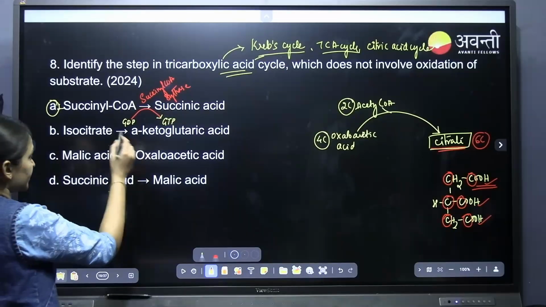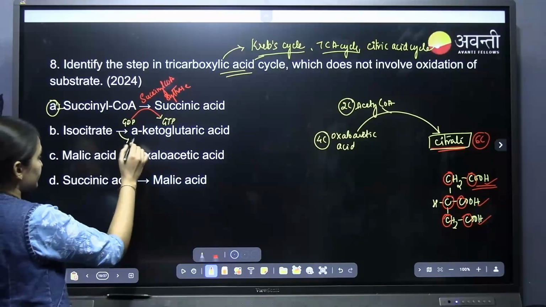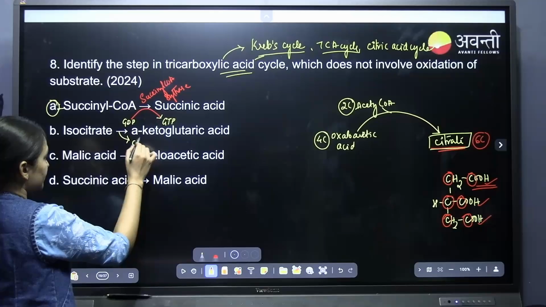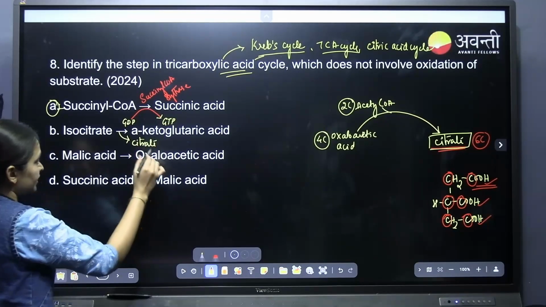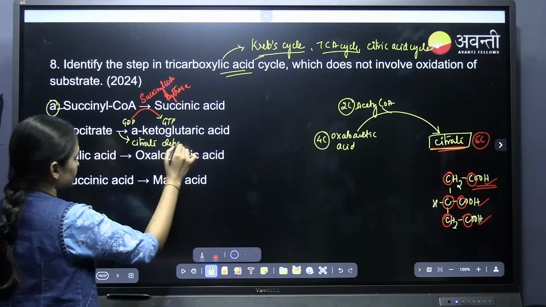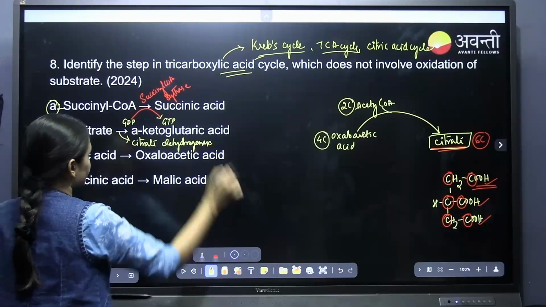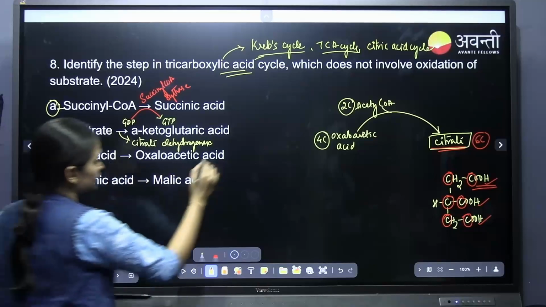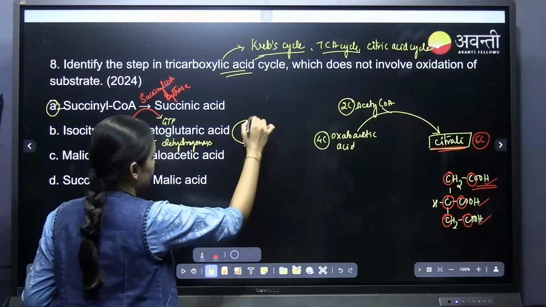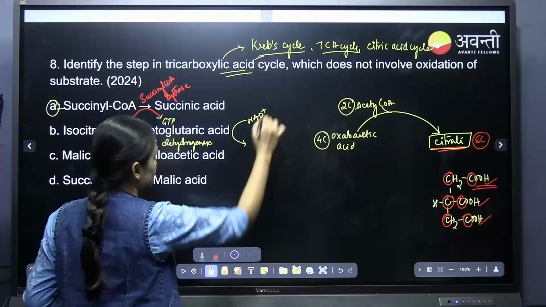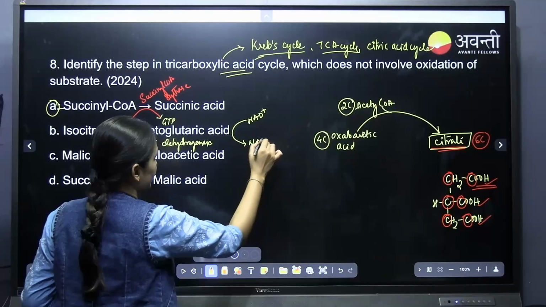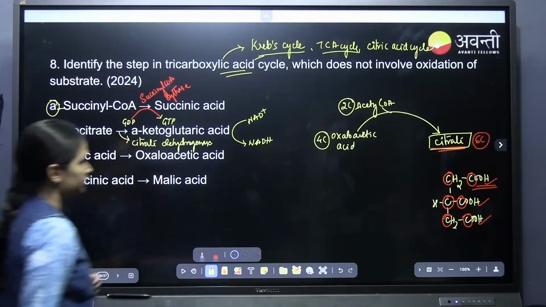Isocitrate to alpha ketoglutarate, isocitrate dehydrogenase is the enzyme used, and in this reaction one molecule of NAD plus is converted to one molecule of NADH.